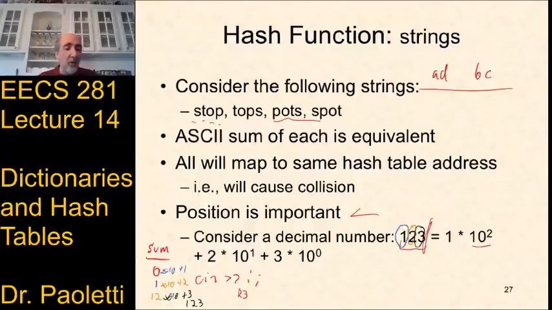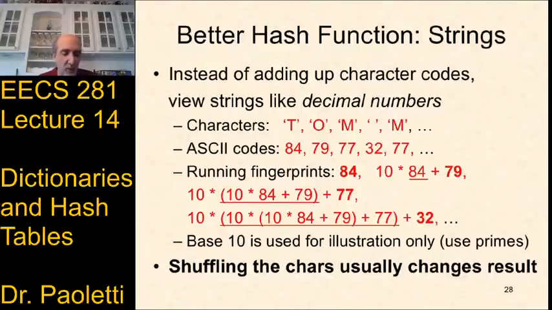What we're going to do to turn a string into a number is the same approach. We're going to go through them one at a time. We're going to take our running total, multiply by some number, add the ASCII value of the next letter, and move along. So here we've got a string. We read TOM space M. This looks like maybe a getline, or maybe it's already in a string object.